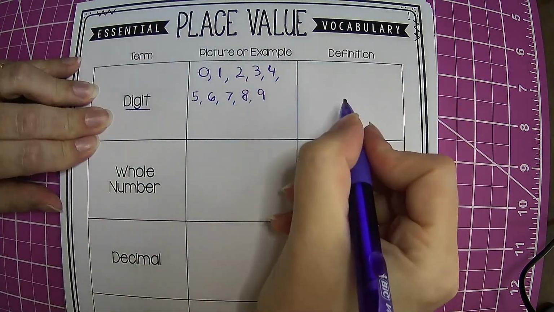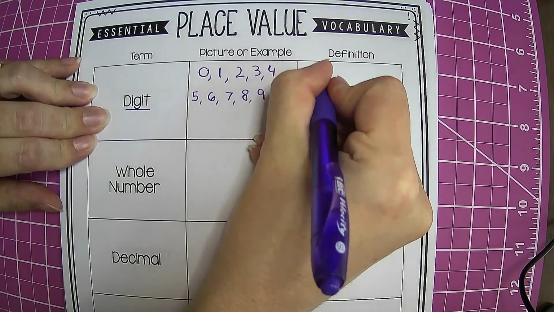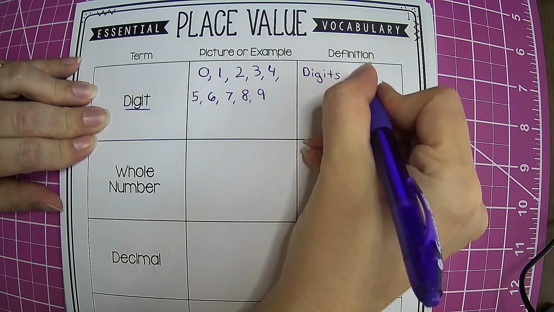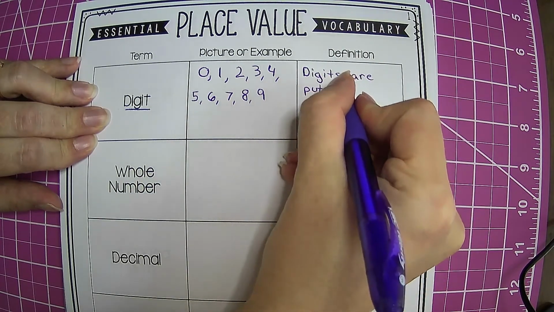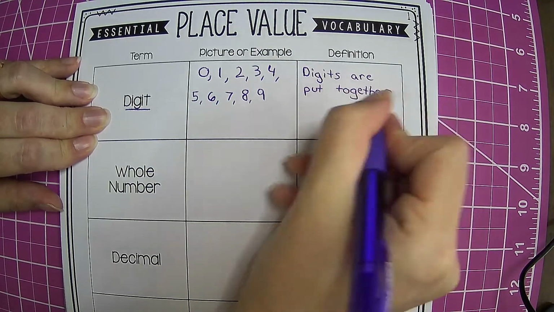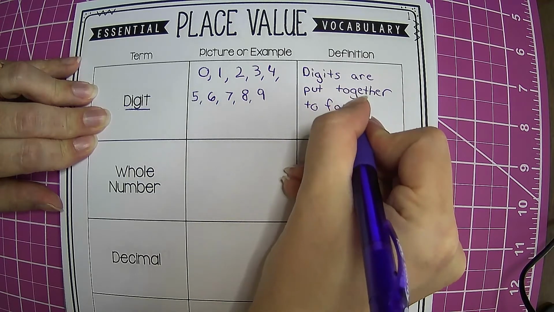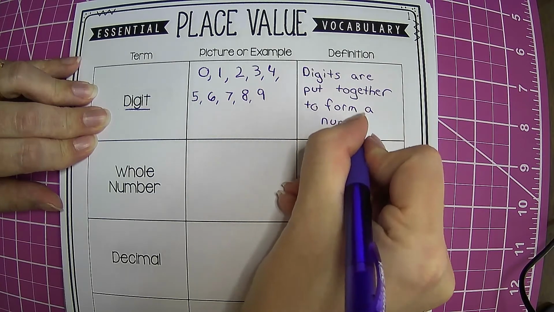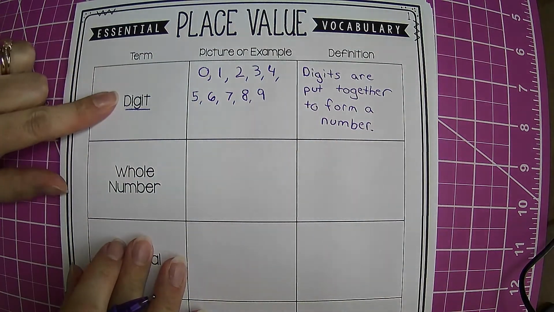Those are our digits. So our definition: digits are put together to form a number. All right, so that is a digit.